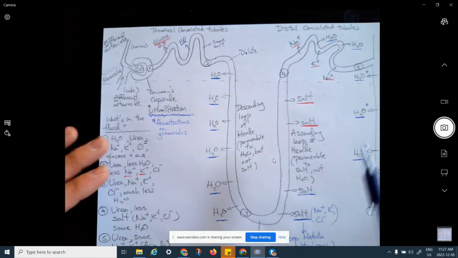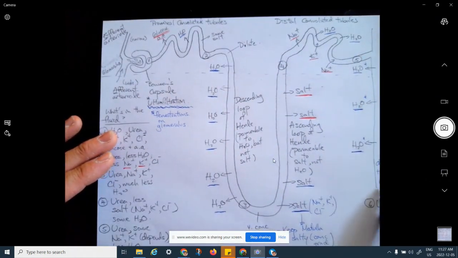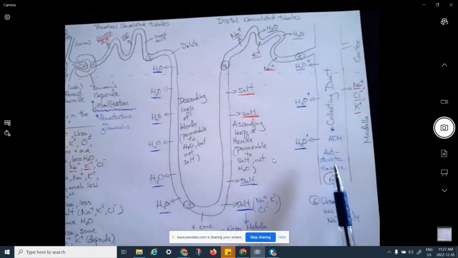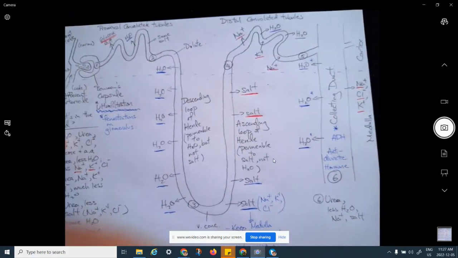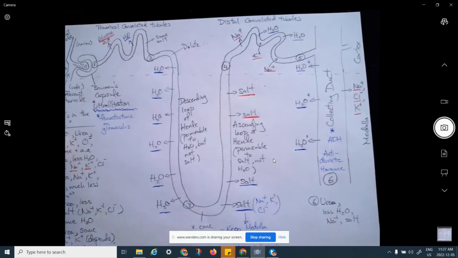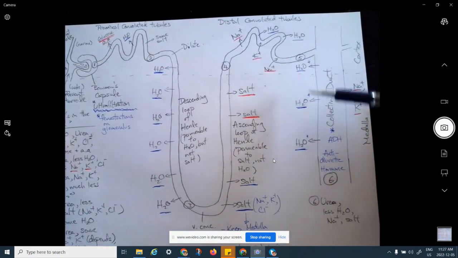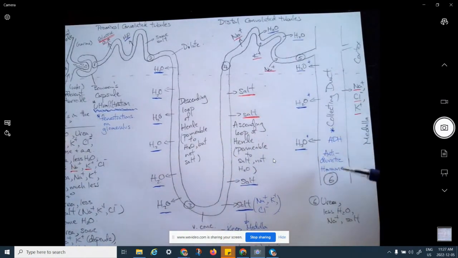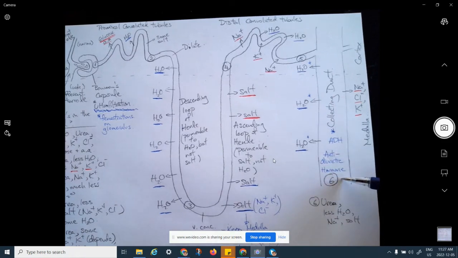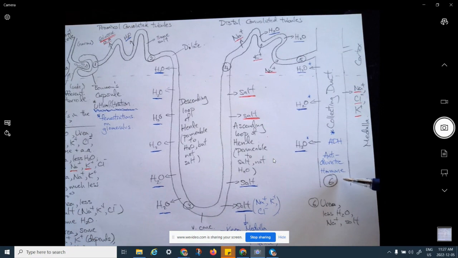Okay. Last step, going through the collecting duct. The collecting duct is mainly to do the last little bit of water reabsorption. This water reabsorption is controlled by antidiuretic hormone, which is produced by your pituitary gland.